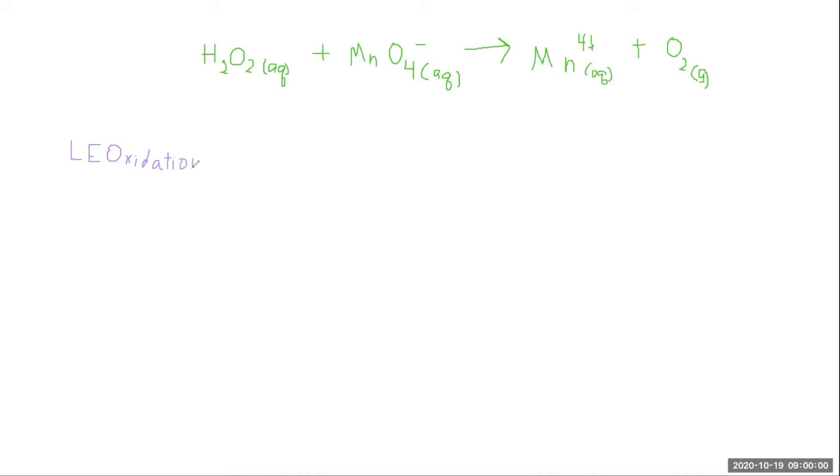The MnO4-. Okay, so what is the oxidation number for Mn? 7. So if we're going from a +7 to a +4, you're gaining electrons. Okay, so we already know our reduction.